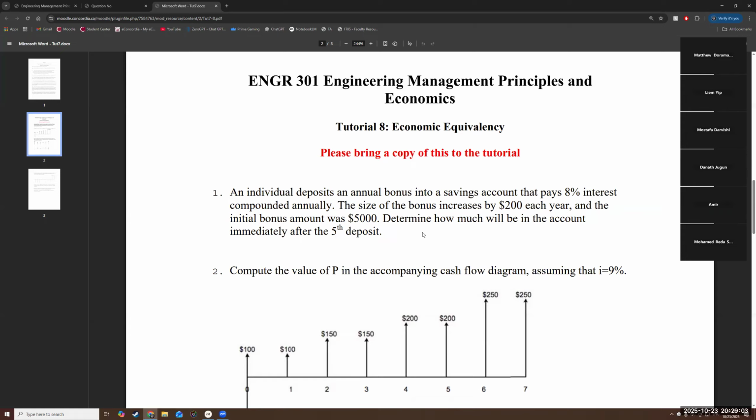Okay, so this guy is doing $5,000 every year, and each time it's increased by $200. Okay, and then we want to determine how much will be in the account at the time of the fifth deposit, which since the deposits are every year, will be on the fifth year. What is the future value after 5 years, right?